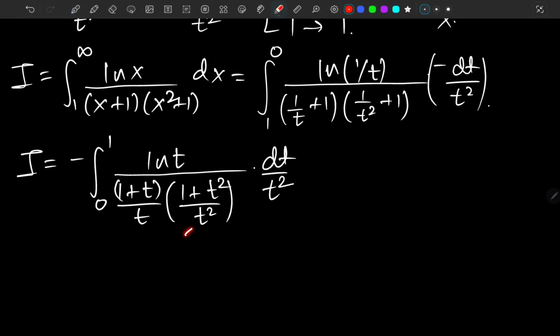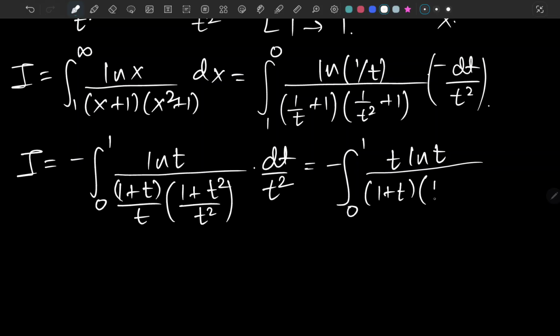This t squared cancels out with this one, and this one comes up to the numerator. So we have negative integral from 0 to 1 of t ln t over (1 plus t) times (1 plus t squared) dt.